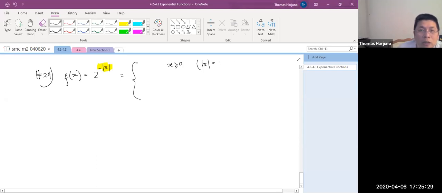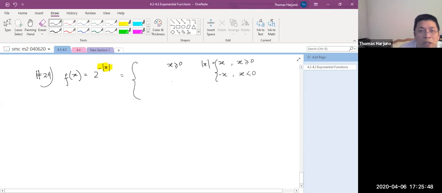Absolute x is x when x is 0 or positive, yet equals negative x when x is negative.